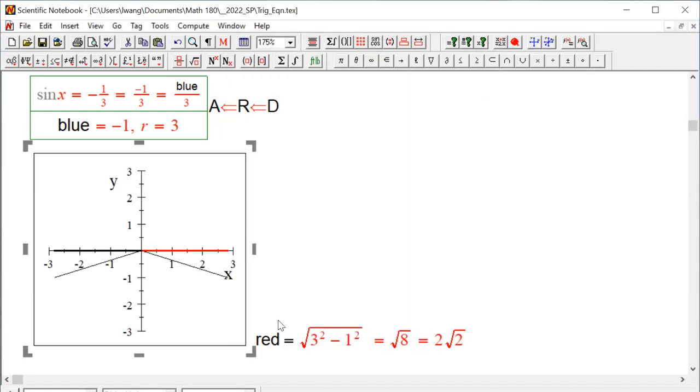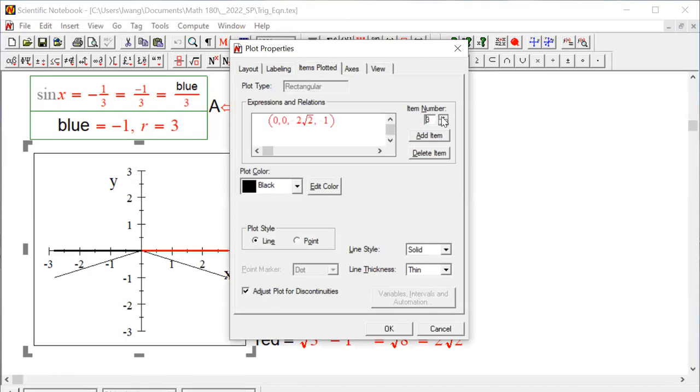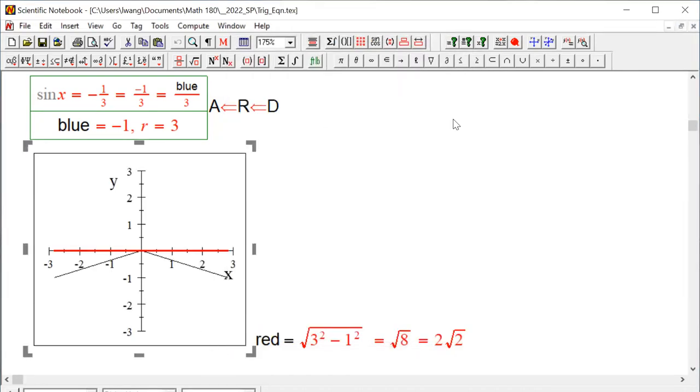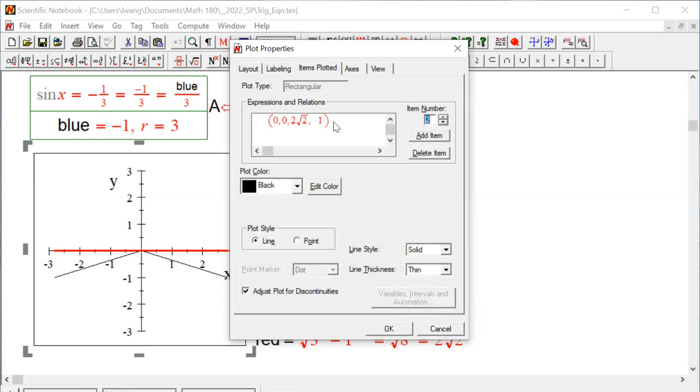Oh, sorry, I need to make it red. Okay, so 2 reds, and there's 2 blues. Okay, so the two blues, this one will be 2 times root 2. No, sorry. 2 times root 2.